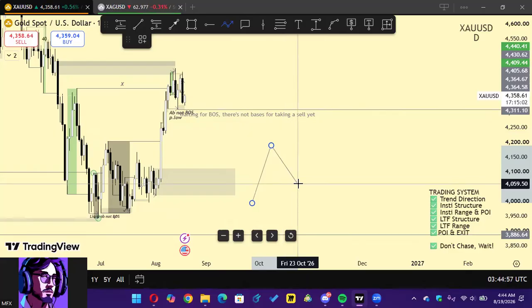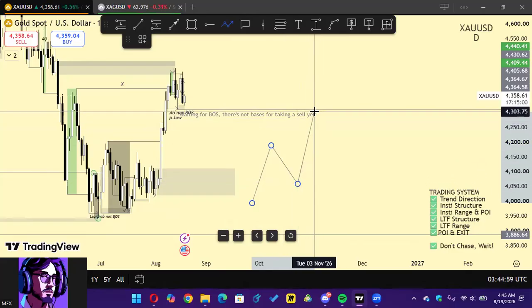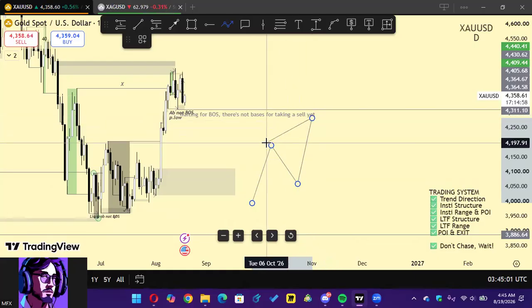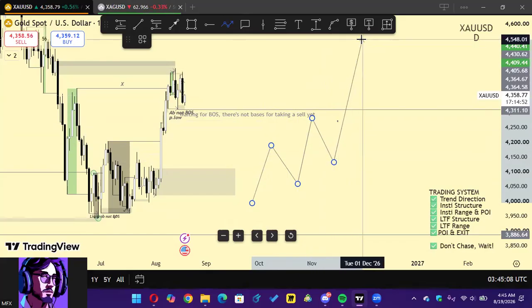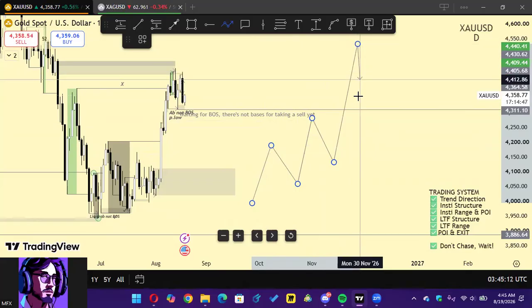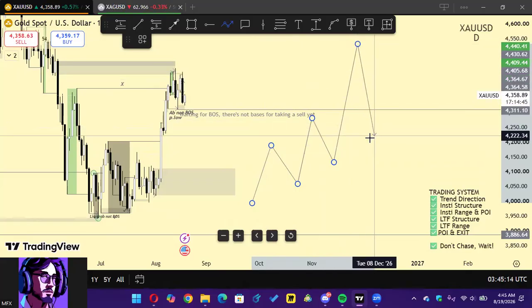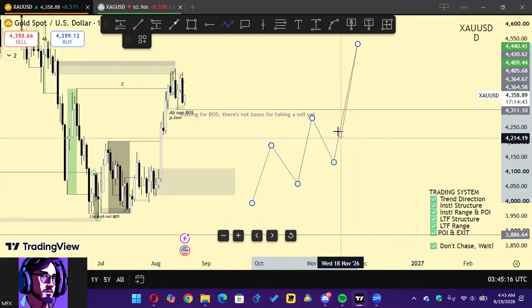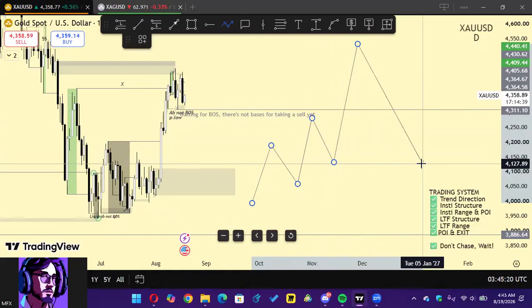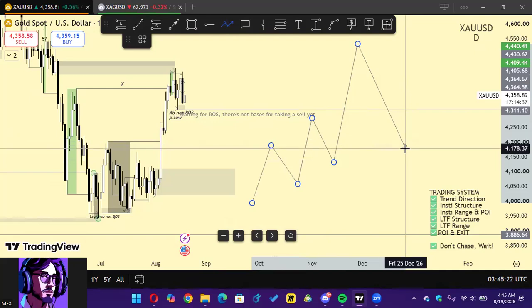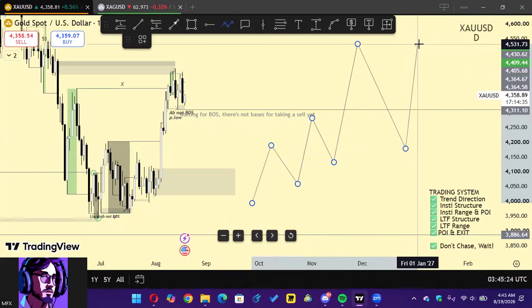So if we see something like this, MB1, this is MB1, then there's MB2, and maybe price does this. Now there is a very, very high probability that we're going to see price come to whatever POI is in this second MB, mitigate it and head for this high.